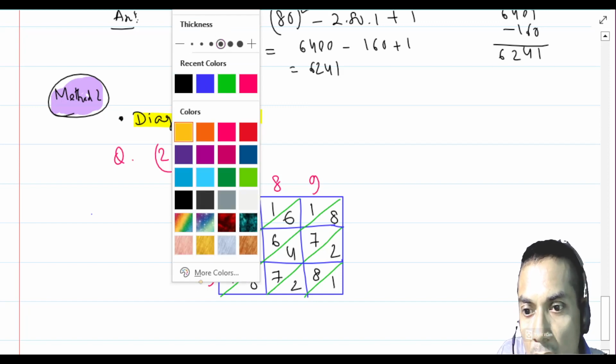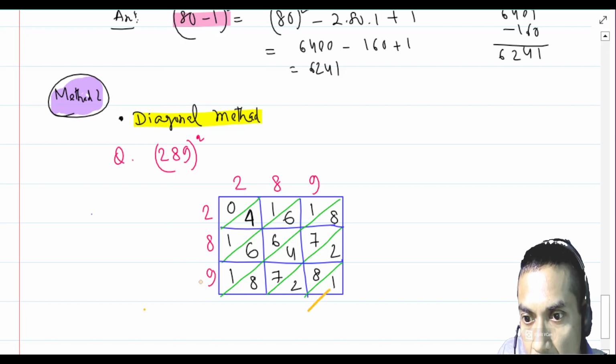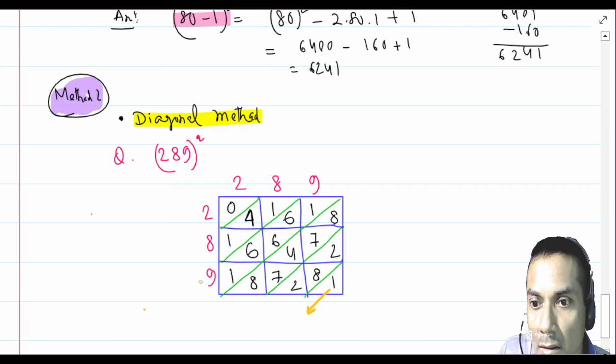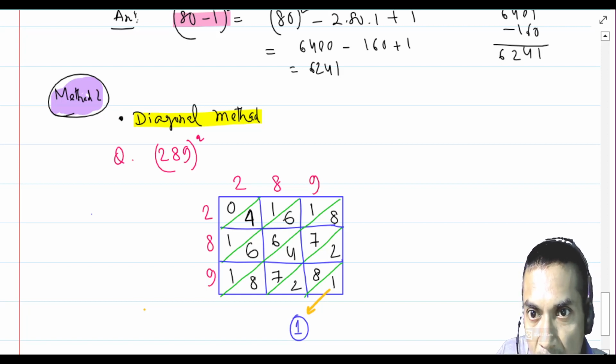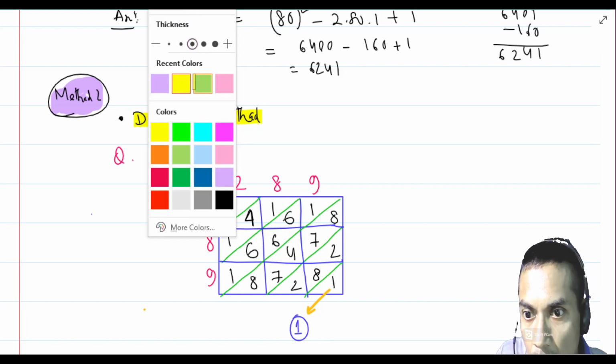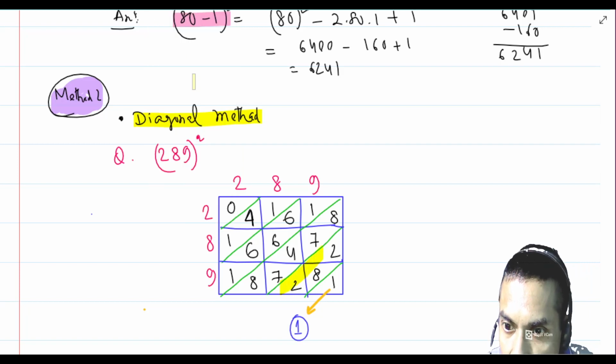Then you have to do the diagonal calculation. The numbers in each diagonal band you have to add together. It will be very easy to understand if I mark one cell in yellow.